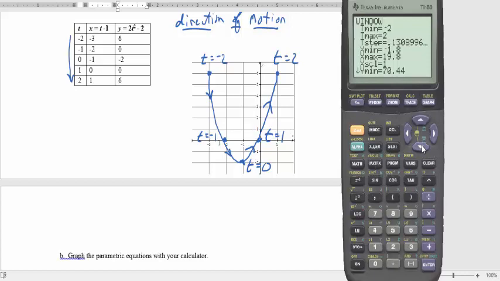So when you choose t-step for parametric equations on the calculator, I generally tell people to keep it what it is as long as it's very small, like 0.13 something. Or if it's not small, I usually tell people to make it 0.1. That's usually pretty safe because then it provides enough points to make it look like a smooth curve. What this calculator is going to do is plot a bunch of points that are 0.1 apart from each other in terms of t, and it's just going to connect them. So you want to make that t step small.